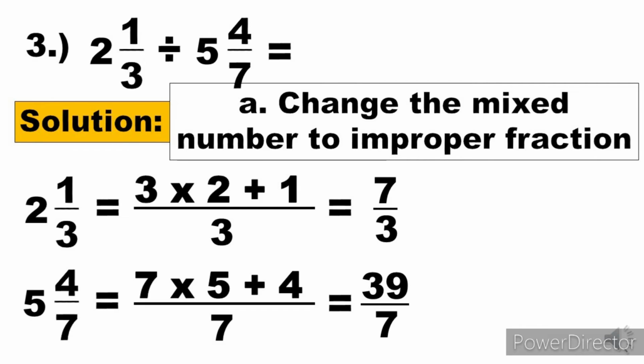Then, i-add ang numerator. So, 3 times 2 is 6 plus 1 equals 7 over the denominator 3. Then, 5 and 4/7 is equal to 7 times 5 plus 4 over 7, which is 35 plus 4, which is 39 over 7.